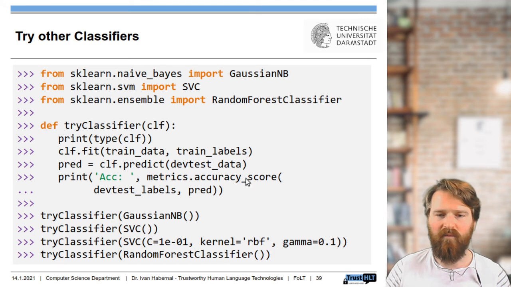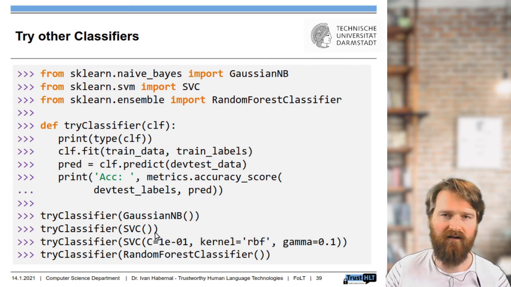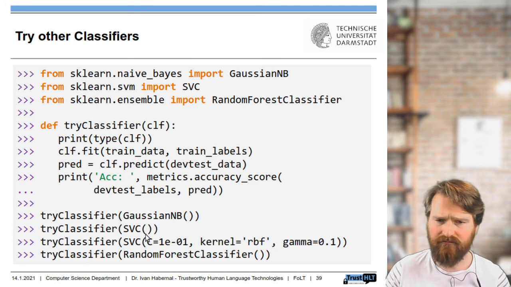What we're going to try is the Gaussian naive Bayes, the naive Bayes model we showed before. We will try support vector machines, another very popular classifier from 1996, very popular in the 2000s. And the random forest classifier.